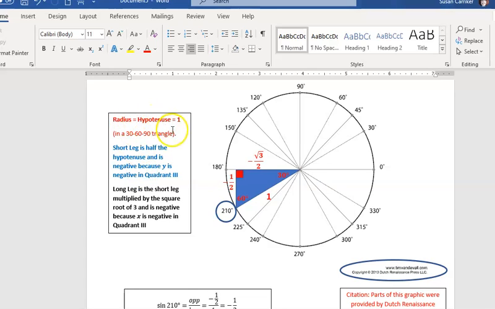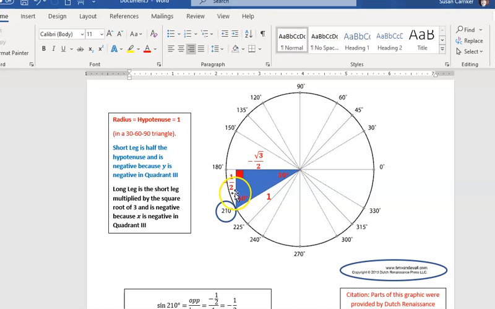So the next process is to explain how to get the two legs on your triangle. The hypotenuse is given because it's a 1, because this is a unit circle, which means the radius of the circle is 1. But the legs, you have to use your 30, 60, 90 to figure those out. So we take the hypotenuse, we divide it by 2, because it's half the hypotenuse, and the short leg will be 1 over 2.